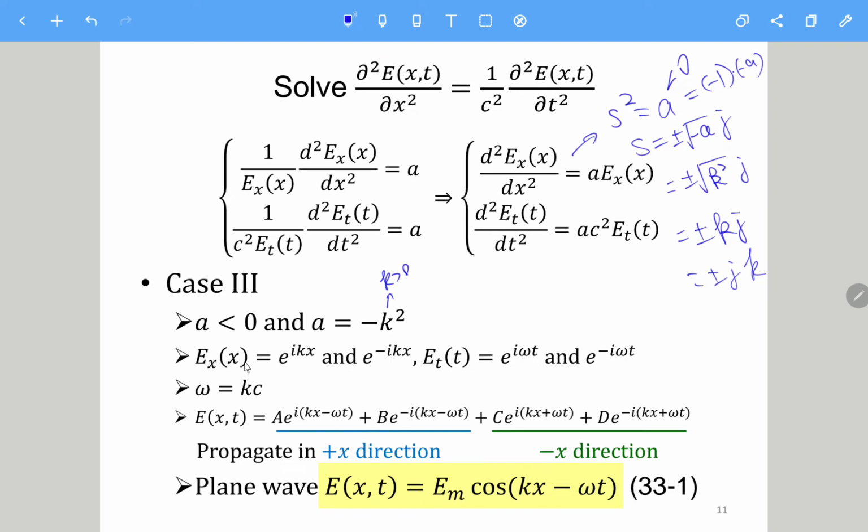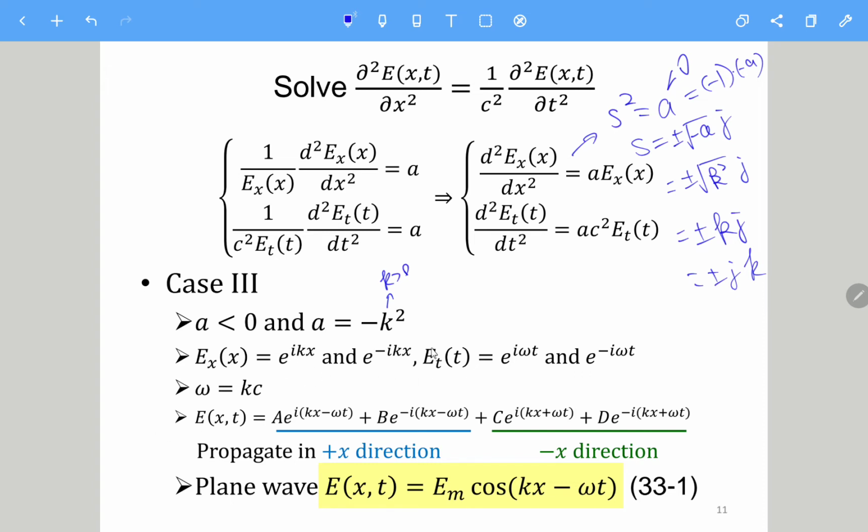So X of x should be exponential to jkx, or exponential to negative jkx. These are the two solutions corresponding to these two s values.